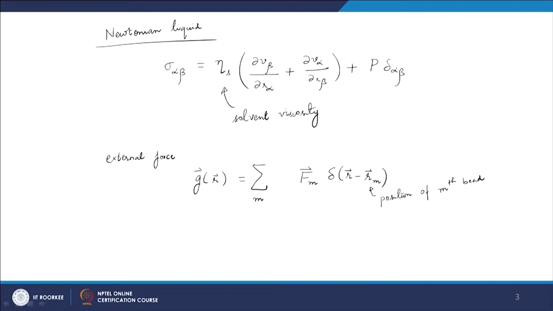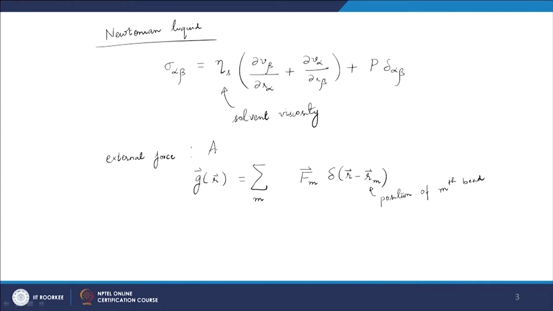Okay. We have used this kind of an idea before in our treatment of excluded volume. Essentially, the idea is that at any location R, we will look at how many beads are present, and then for those many beads we will simply add up the values of force acting on the bead. Okay.